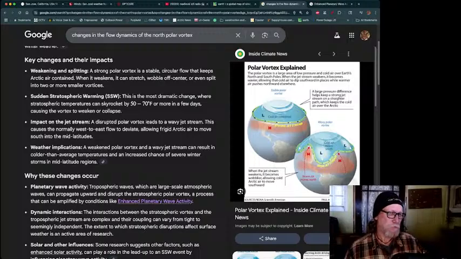Weather implications. A weakened polar vortex and a wavy jet stream can result in colder than average temperatures and an increased chance of severe winter storms in mid-latitude regions. Again, they missed a part of this. A wavy jet stream can result in colder than average temperatures, and then 3 days later, warmer than average temperatures.